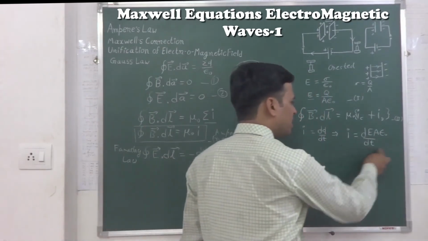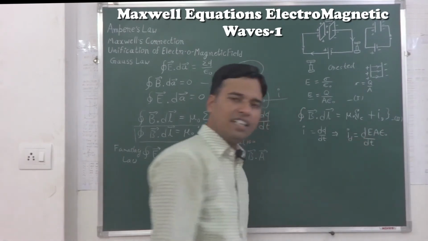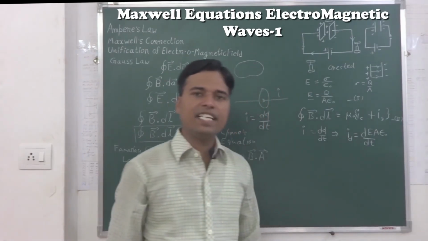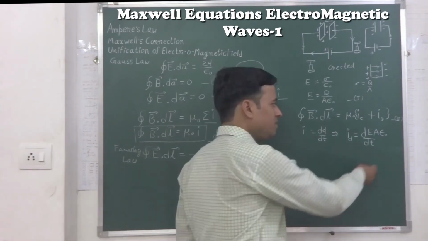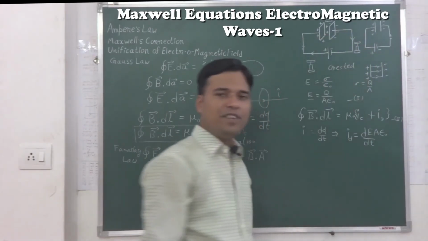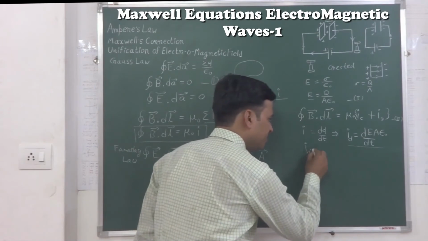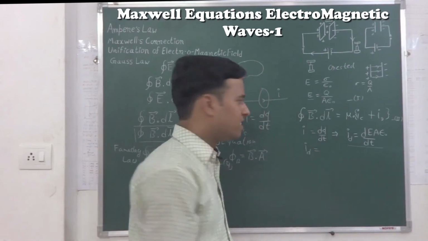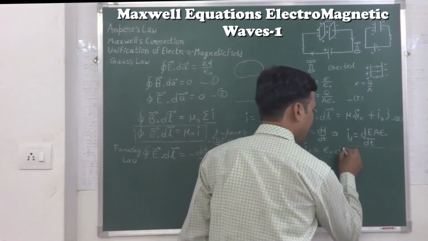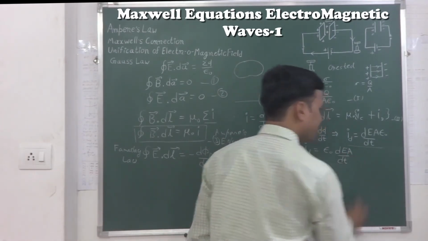Now this term will show the electric current which is related to the change in electric field, but there is no charge flowing from one plate to another. ID can be written as epsilon naught d(EA) upon dt.